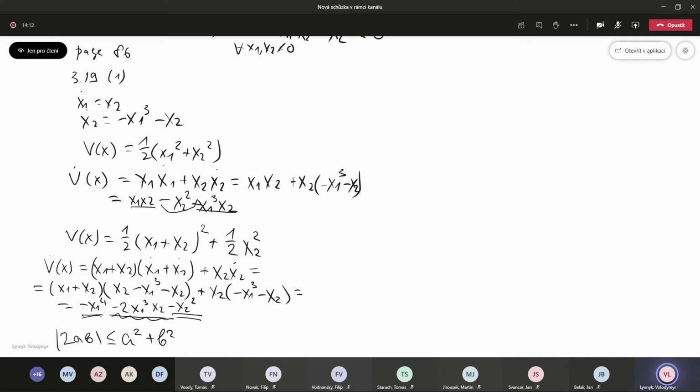Now we can take a equal to x1 cubed and b equal to x2. Then this term 2 x1 cubed x2 is less or equal to x1 to the 6th degree plus x2 to the 2nd degree.